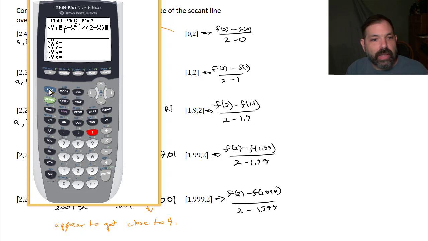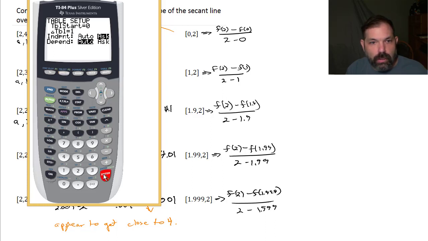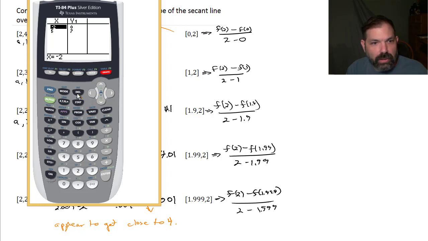And now I'm going to go to my table settings. Second, and the window button brings up my table settings. I want to have my independent line on ask, so toggle it to ask if it wasn't there already. Now let's take a look at the table. I'm going to delete some other stuff here. So now I just need to type in the other inputs. 0, right? If x is 0, then the slope is 2.